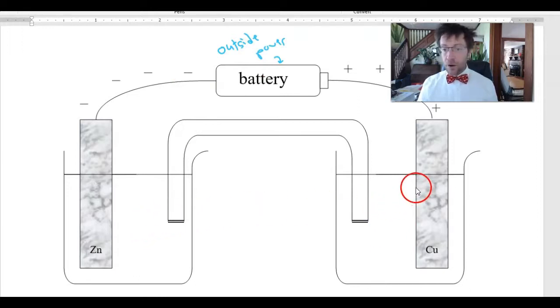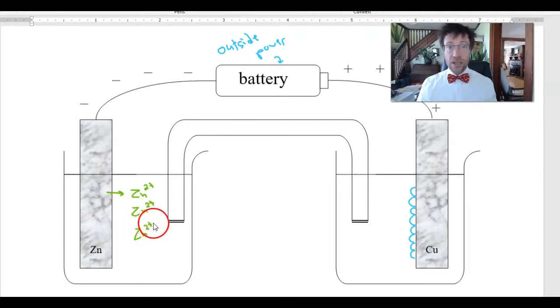But if you remember, all the copper got blopped onto this electrode and got reduced into copper metal. And so this solution had no more copper ions. Over here on the other side, all of the zinc metal had come out into solution and created tons and tons of zinc 2+.